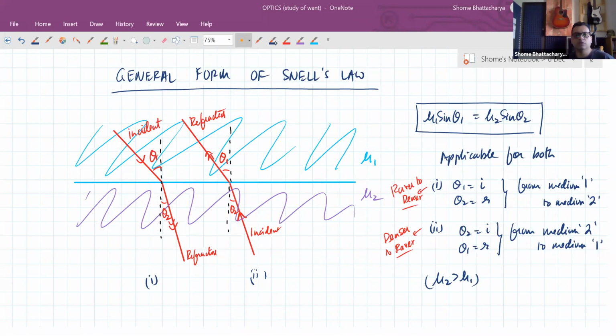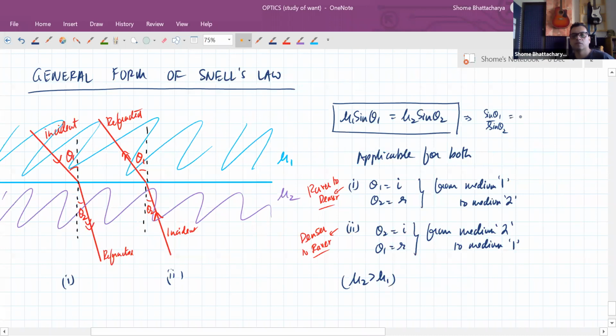You can also express it this way, that's correct, that sine theta 1 upon sine theta 2 is equal to mu2 by mu1, or mu of 2 with respect to 1, whatever implies the same thing.